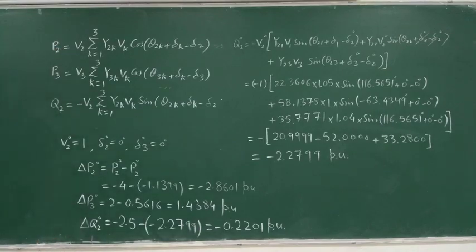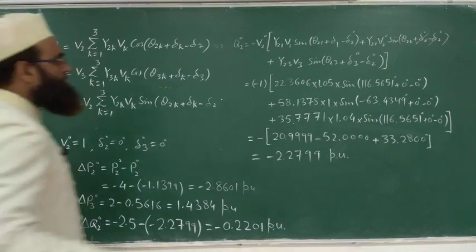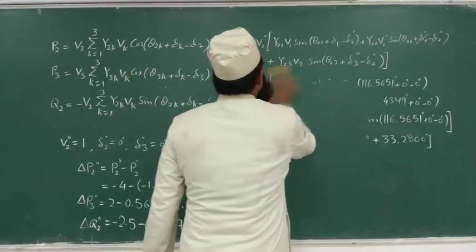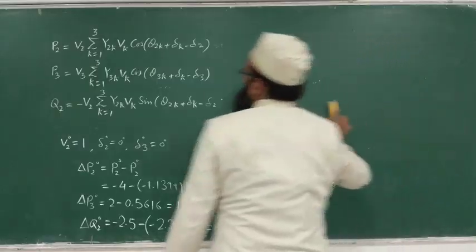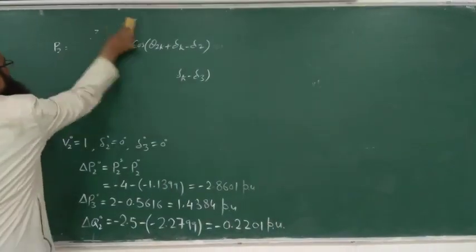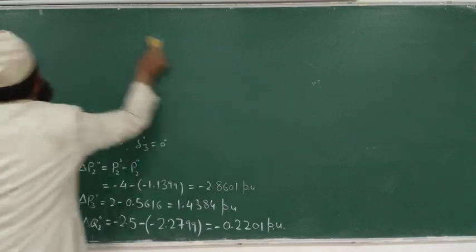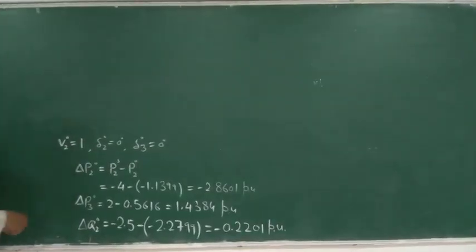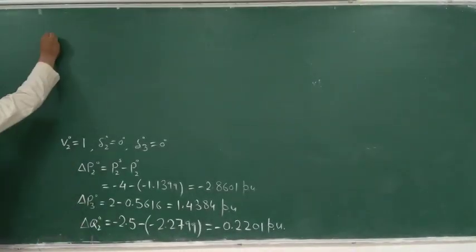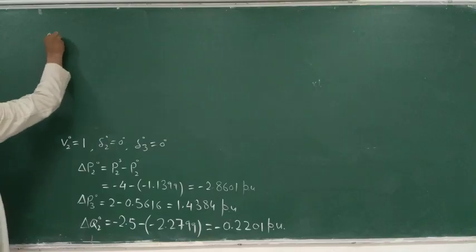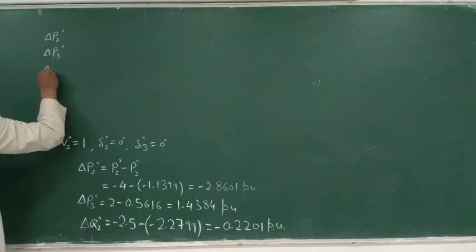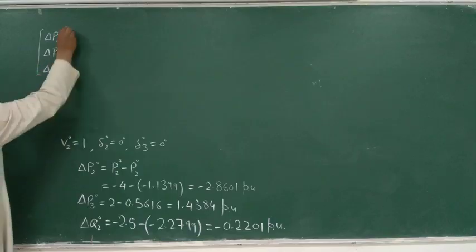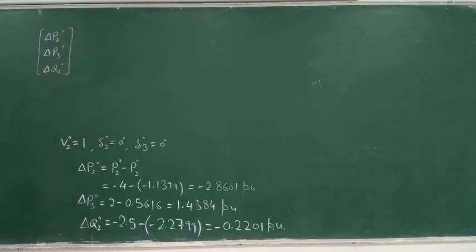So now we have evaluated the power mismatch corresponding to the 3 specified quantities of the 3-bus system in our problem. So what will be the next task? So we may write this. Just note down the values. So now we have del P20, del P30 and del Q2 0. These 3 power mismatch values are known now.